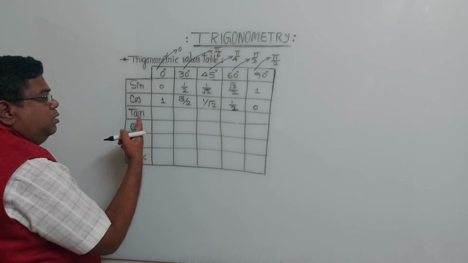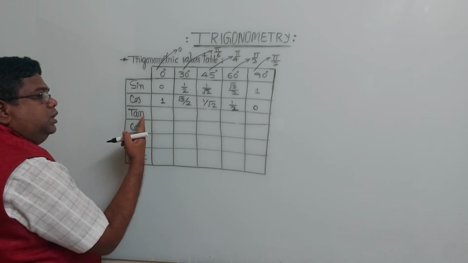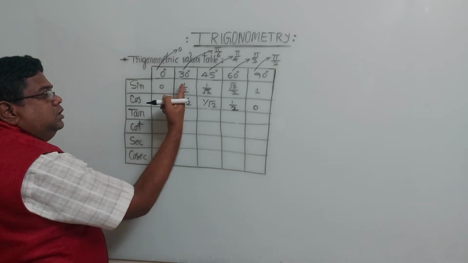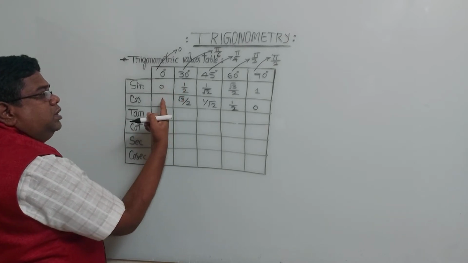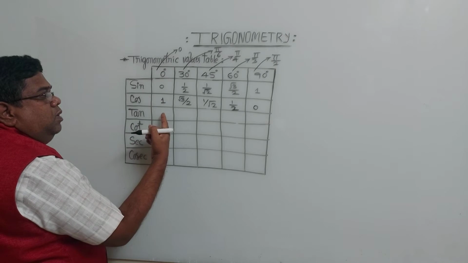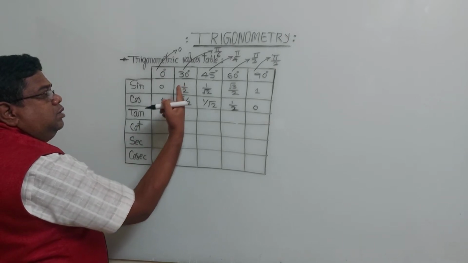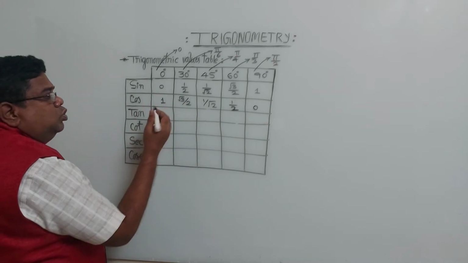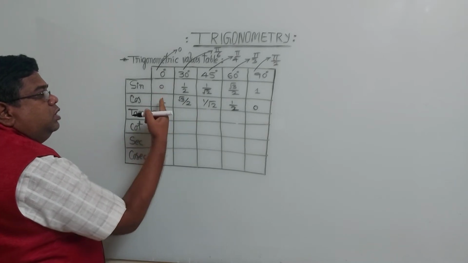Now, in a similar way, the tan values. We know tan theta equals sin theta by cos theta. So sin 0 by cos 0 gives tan 0, and tan 30 is sin 30 by cos 30. By dividing these two, we get the tan values. 0 by anything is 0, so 0 by 1 is 0.